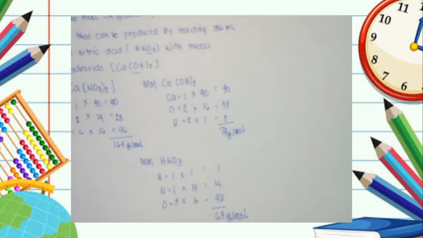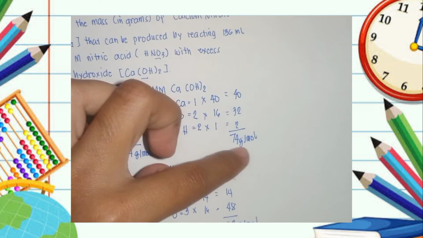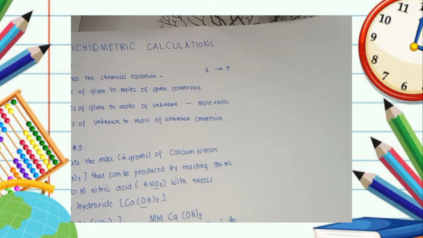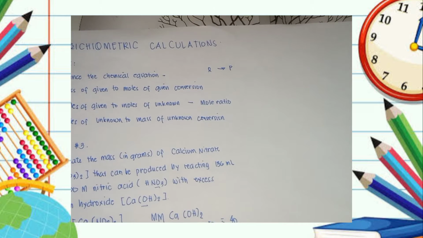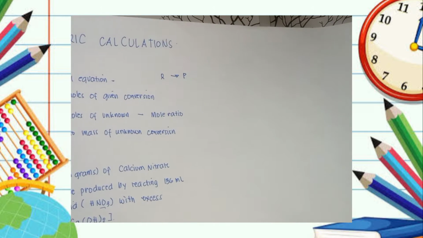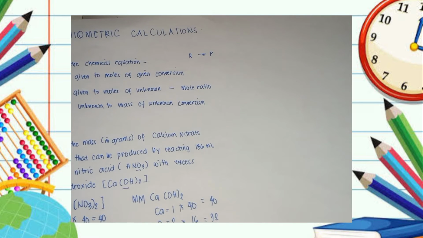So, the molar masses of the different chemicals are now solved. Now, let us follow the different steps in stoichiometric calculation, which is number 1, to balance the chemical equation. We will be basing the chemical equation on our example.